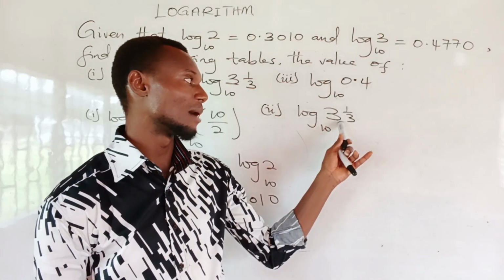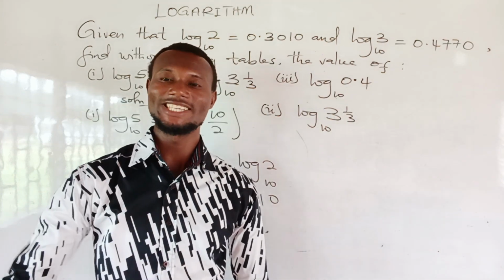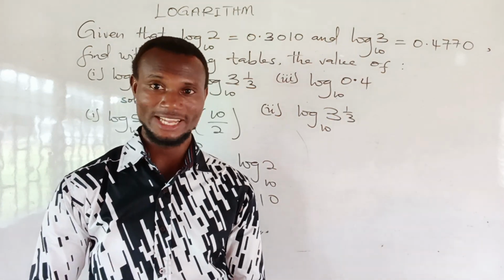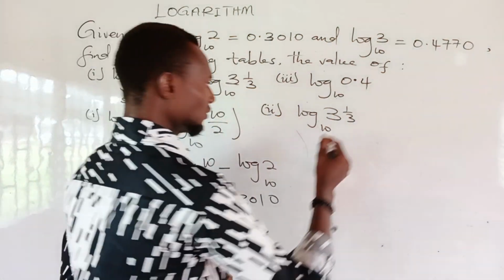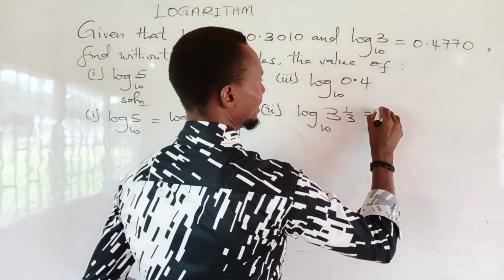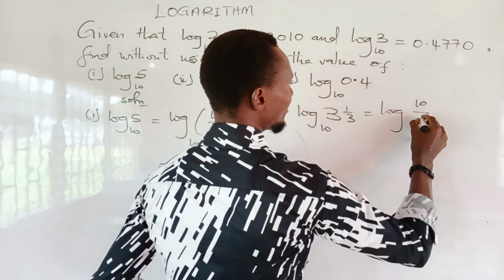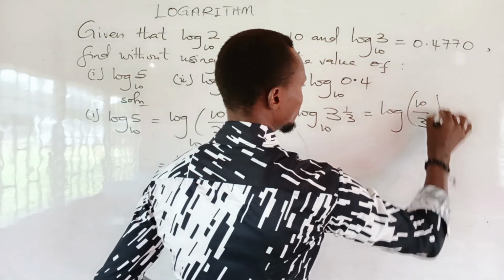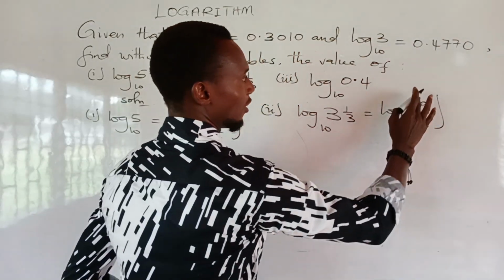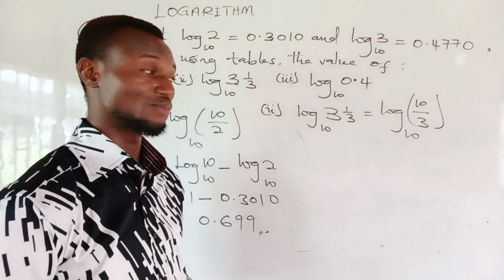So this 3 whole number 1 over 3, we have to first change it into improper fraction. That's the first step. So I can rewrite this one as the log of 10 over 3 to the base 10. I hope you understand up to this point.